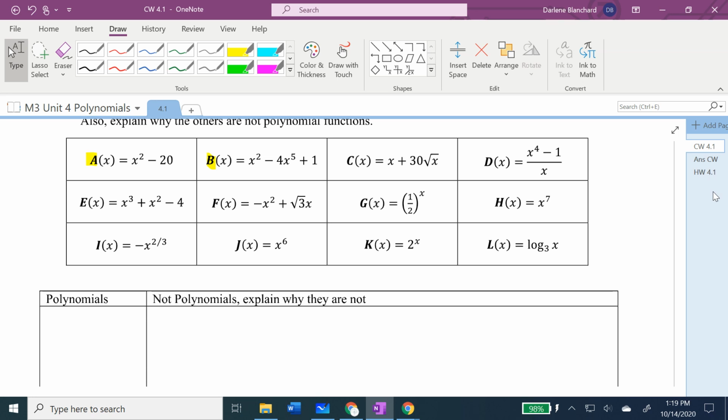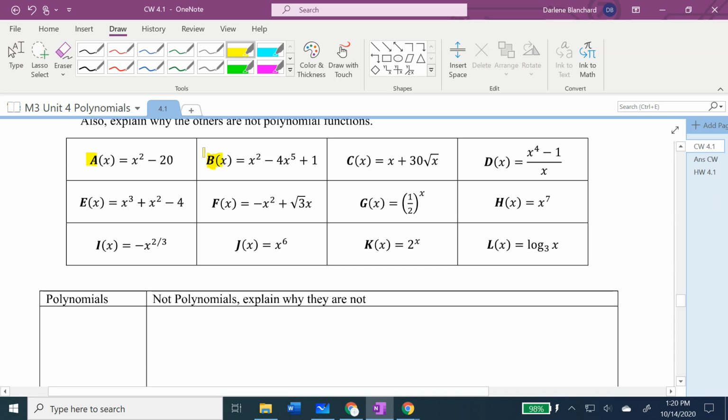All right. So moving along. Have you taken the time to figure out which ones you believe to be polynomials? So let's see. Do you believe A is a polynomial? Correct. Yes. And I'm just going to show the answers in a moment.